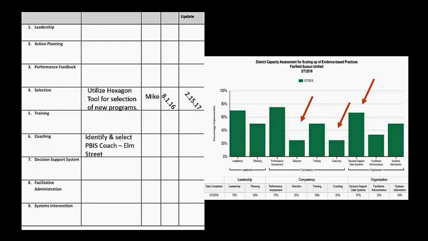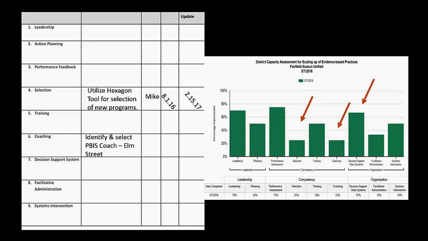The next area that this team would want to look at would be coaching. Coaching is just over 20%, and we want to focus on that for the next school year by identifying and selecting a PBIS coach for a specific school.